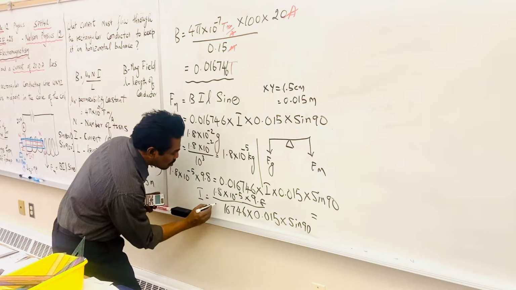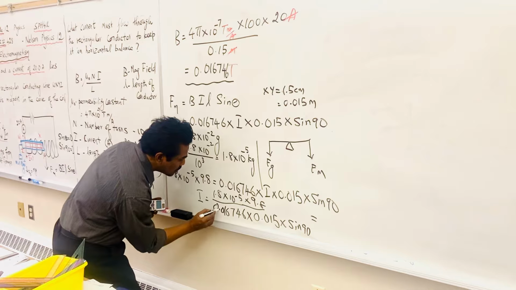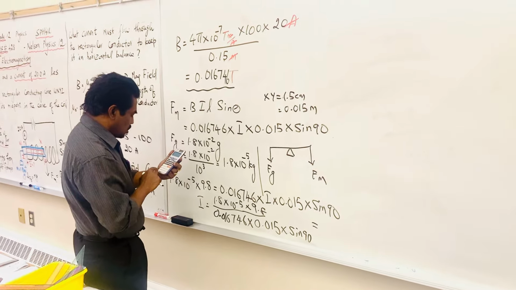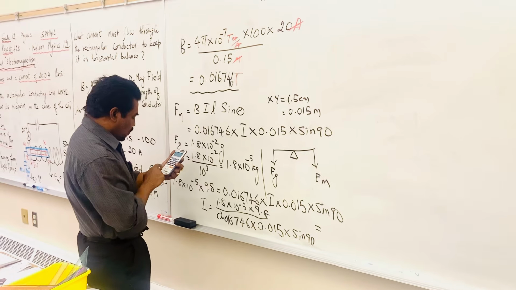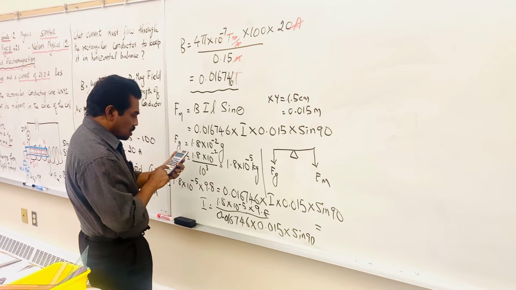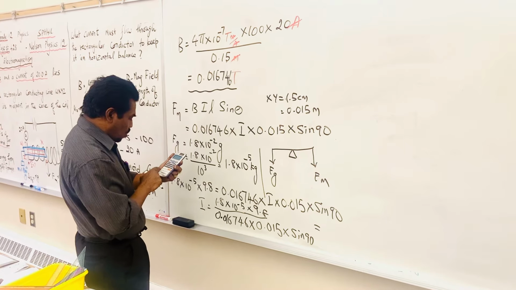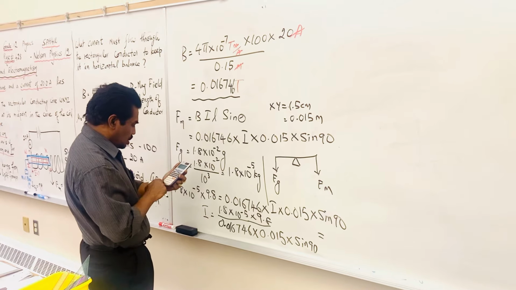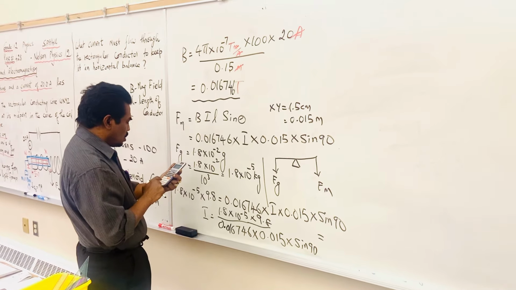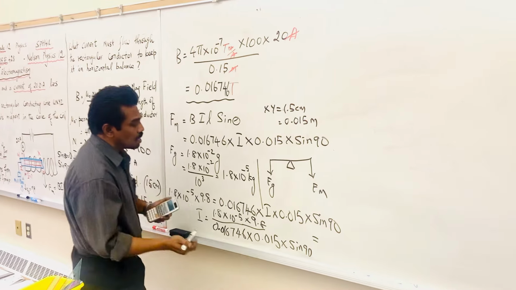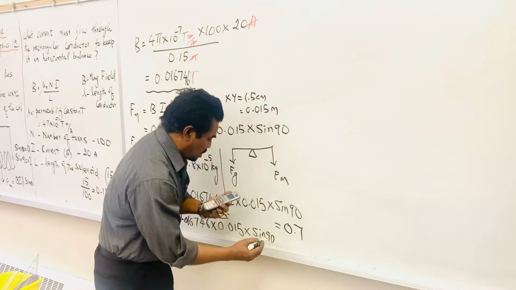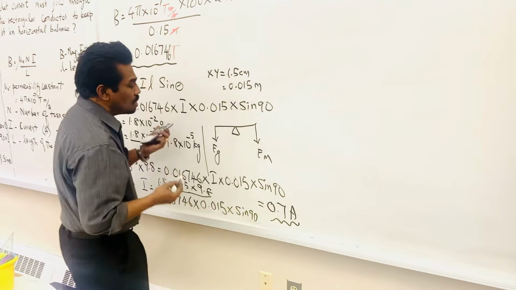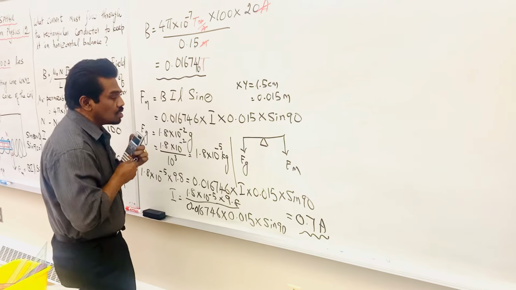It will be 0.016746 times 0.015 times sine 90. So we are getting the answer as 0.7 ampere. You can check the answer in the book. The exact answer for the current value is 0.78.